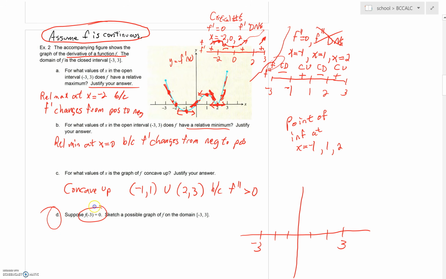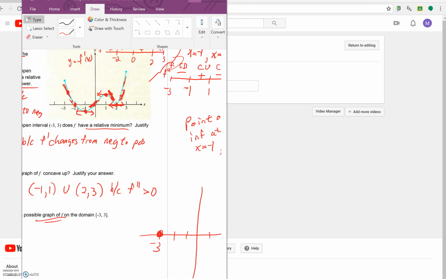They do want us to have the point negative 3, 0 on f. We want to graph f right here. So we're going to be on the x-axis. There's negative 3, 0.